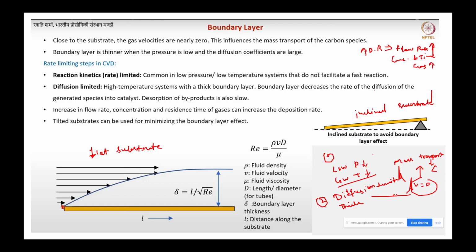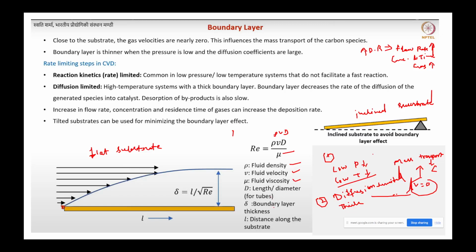So here you can see that the Reynolds number is given by the formula rho v d upon mu. What is rho? Rho is your fluid density, v is your fluid velocity, mu is your fluid viscosity, and d is your length.